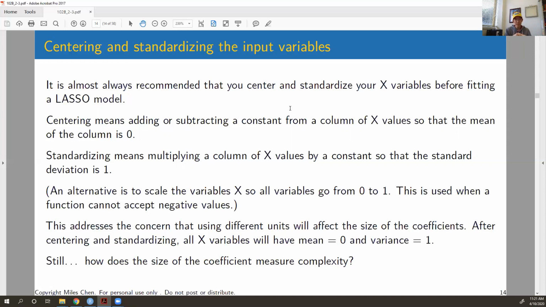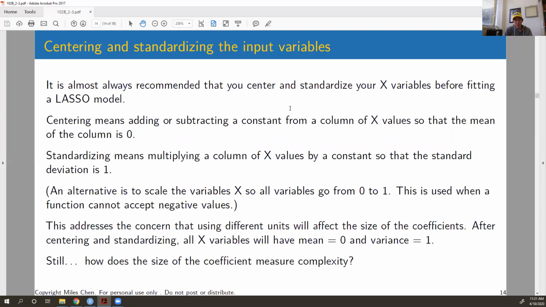So centering means adding or subtracting a constant so that the mean of the column is 0. And then standardizing means you multiply by some kind of constant so that the standard deviation is 1, or that everything has the same standard deviation.